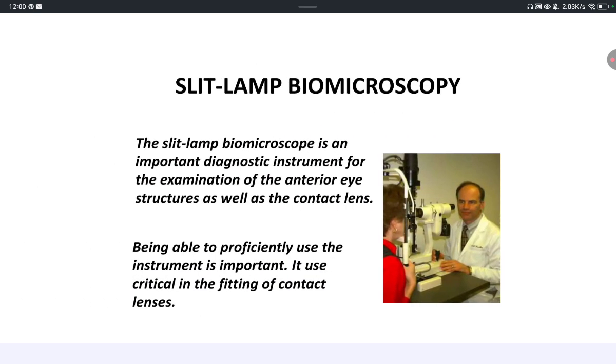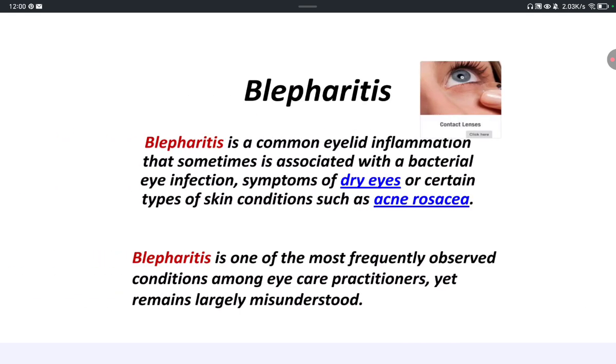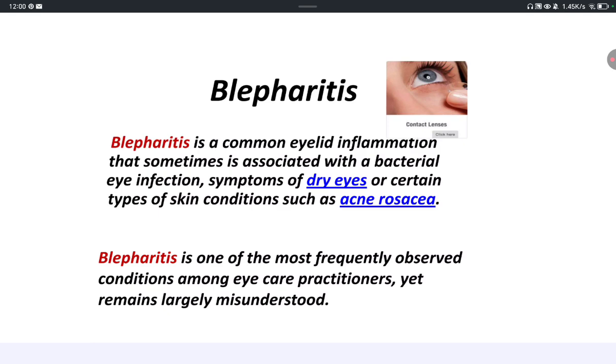After that we see the definition. Blepharitis is a common eyelid inflammation that is sometimes associated with bacterial eye infection, symptoms of dry eyes, or certain skin conditions such as acne and rosacea. It is one of the most frequently observed conditions among eye care practitioners, yet it remains largely misunderstood.